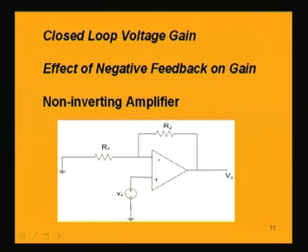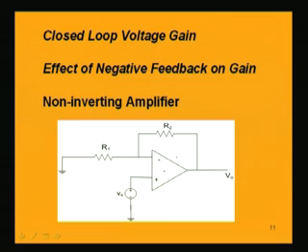If we have a negative feedback, there will be an effect on the gain also, but we are considering as an example the non-inverting amplifier and see the effect of this negative feedback on the gain of the op-amp. In this circuit, we have two resistances R2 and R1 apart from this op-amp, and we are connecting a signal Vs at this non-inverting terminal.